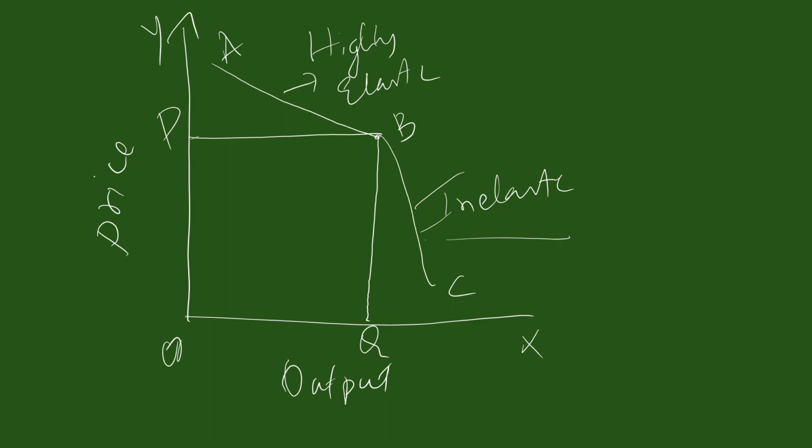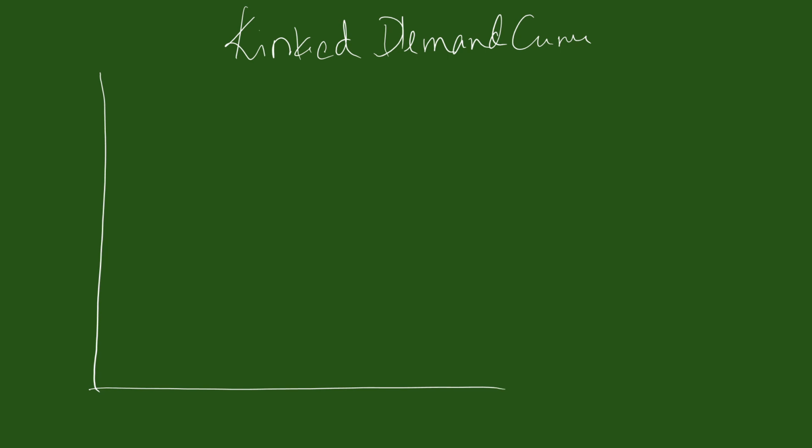This is the reason why the demand curve of an oligopoly market is a kinked demand curve. We will see the reasons one by one. First, what is the reason behind this kinked demand curve? I will draw the diagram once again for your reference.